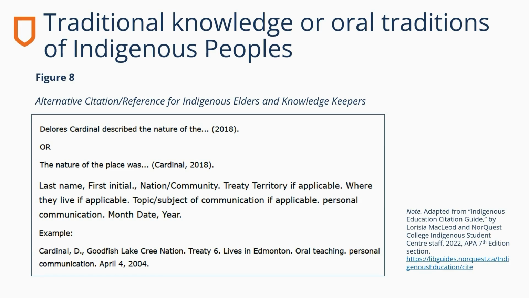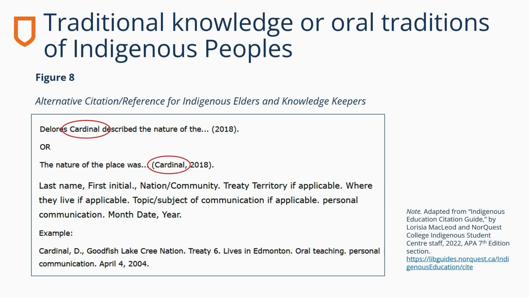In response to this, alternative guidelines were developed by librarian Larissa McLeod and colleagues at Norquest College in Edmonton. These guidelines treat Indigenous elders and knowledge keepers as equal to published sources of information by adding them as a new author category.